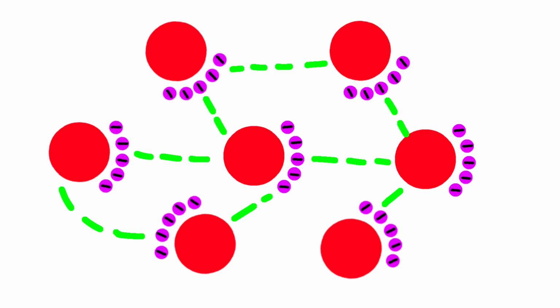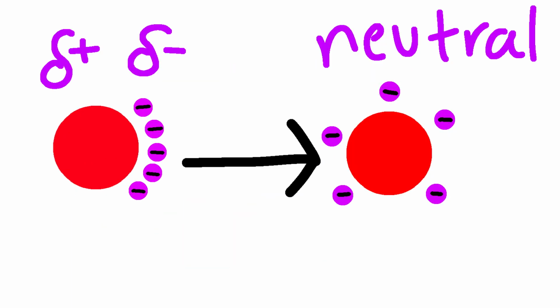Now, this sudden dipole within the molecules creates a chain reaction with all the surrounding atoms getting a partially negative and partially positive side, and becoming attracted to each other. However, all of this happens only for a moment because, going back to the original atom here, the electrons will keep moving. So the partially negative side of the atom will go back to being neutral, getting rid of all the attractions in an instant.